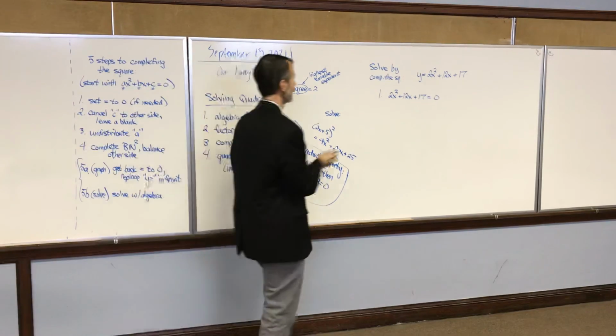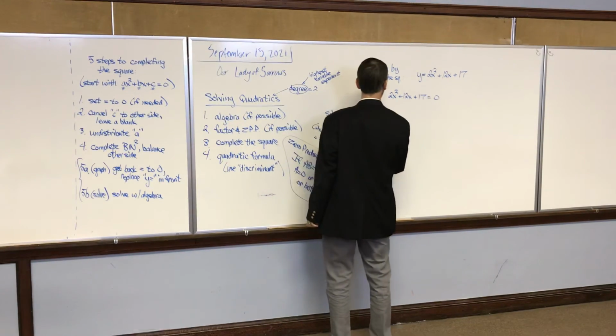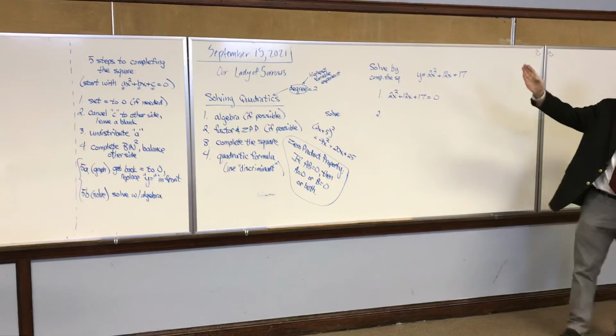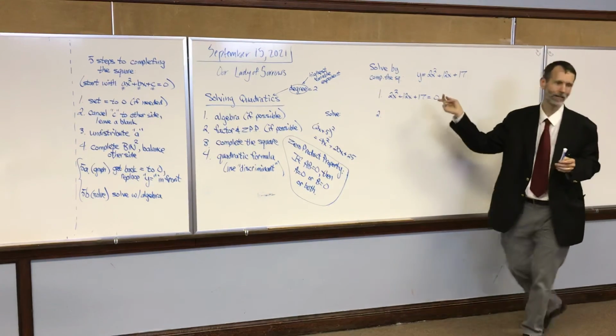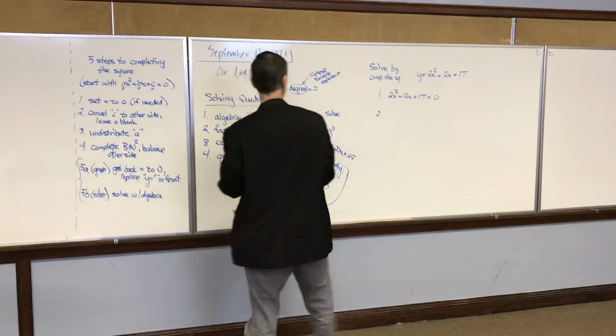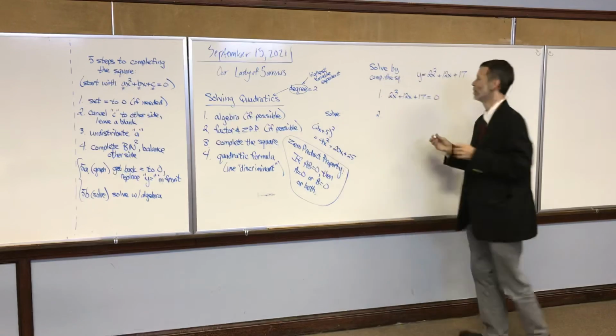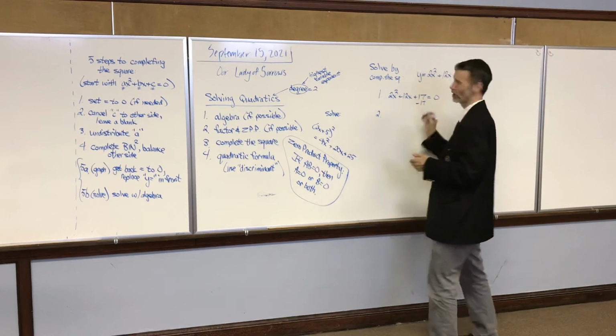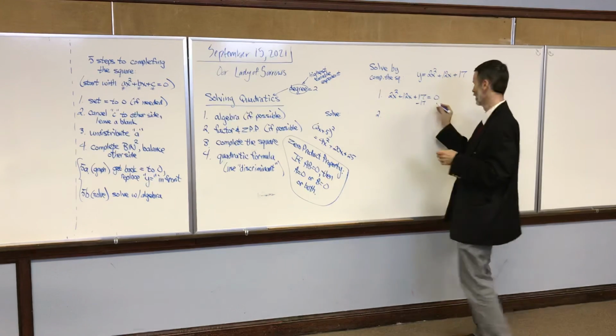Now, can somebody tell me how to get step 2? Those are the steps. What does it look like in this case? Exactly. Subtract 17. I'll explain why we're doing this in a minute, but for right now, as long as you do it to both sides.